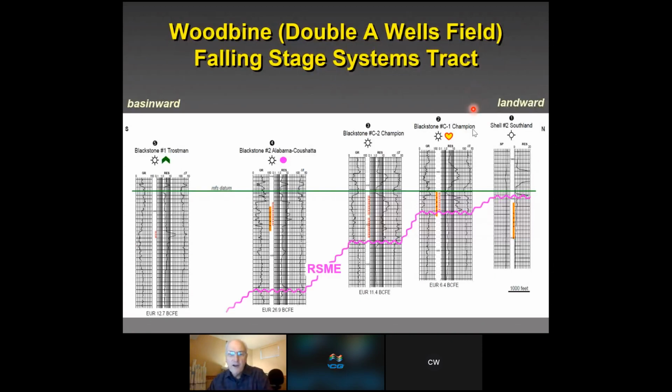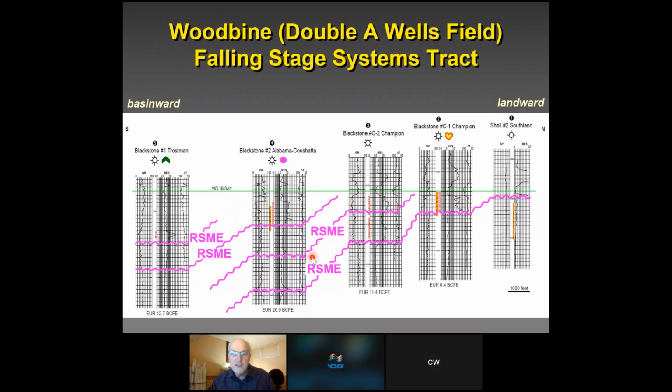We had a regressive surface of erosion developed at the base. Sea level rose a little bit, you had deposition, fell again, another erosional surface. Rose a little bit, you had deposition, fell again. Deposition, then fell again. So we've got now 1, 2, 3, 4 surfaces of erosion.